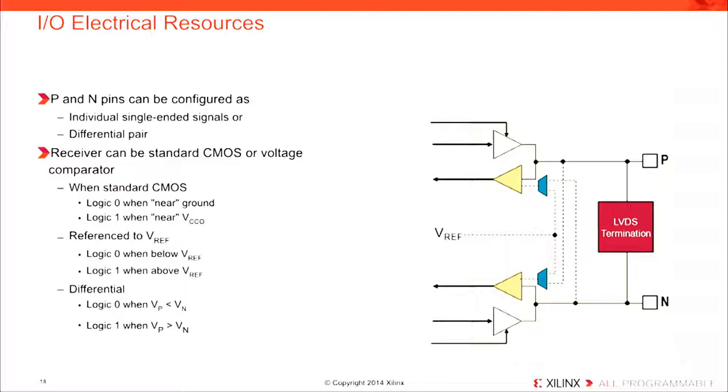So, there are other voltage pins, one of them being VCCO. Okay. You can also have VREF for each bank, and if you are using that, then it is reference to that voltage. Okay. So, anything below that voltage is considered logic 0, anything above that is considered logic 1, and then differential is when Vp is less than Vn, then logic 0, otherwise logic 1.